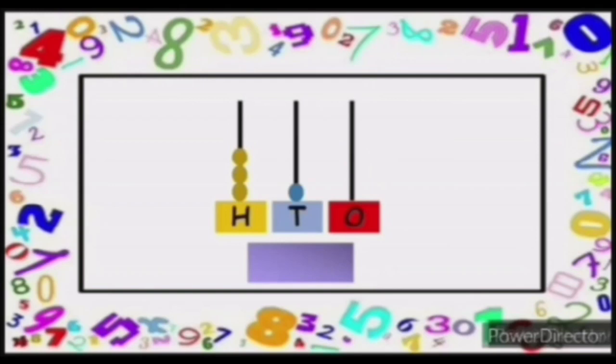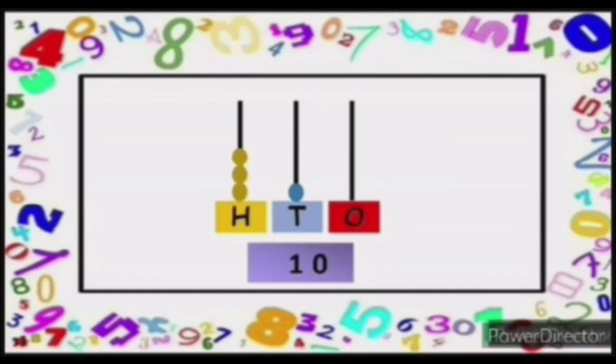Now, look at another one. Can you see the abacus? So, it's your time. Now, tell me the beads in the ones spike. Yes, 0. So, write 0. Now, tell me the beads in the tens spike. Yes, it is 1. So, write 1.